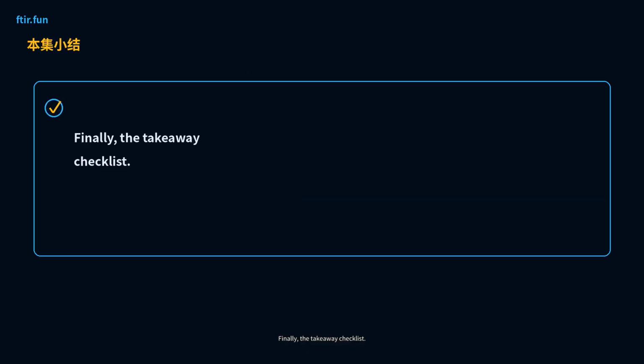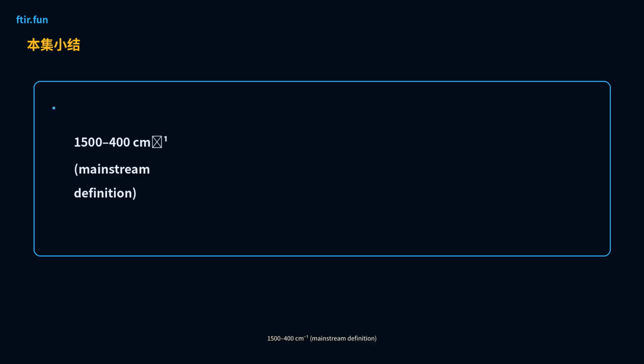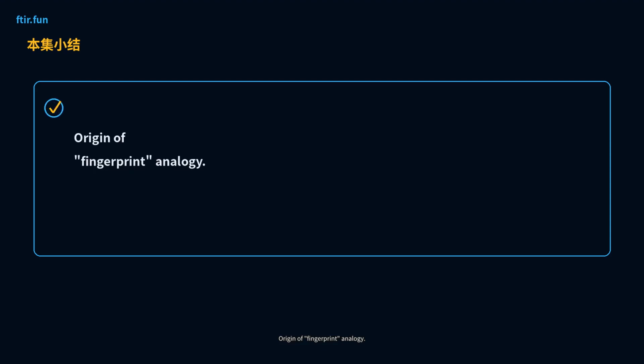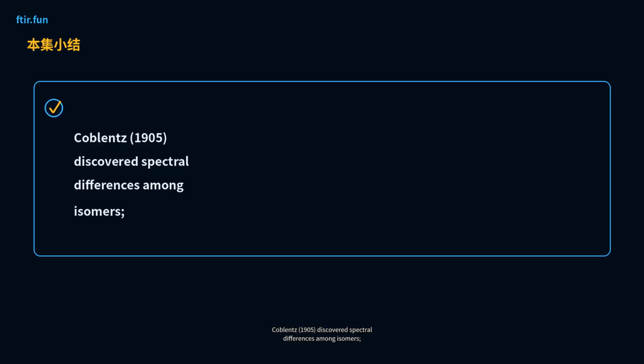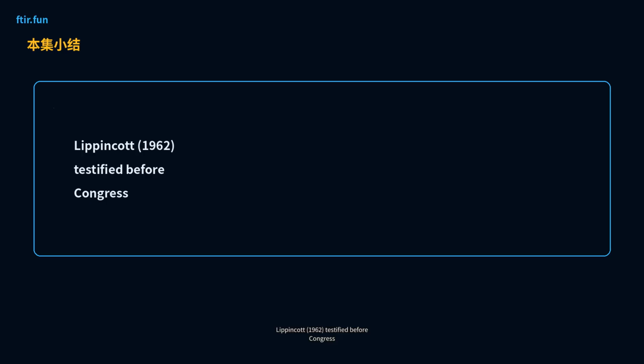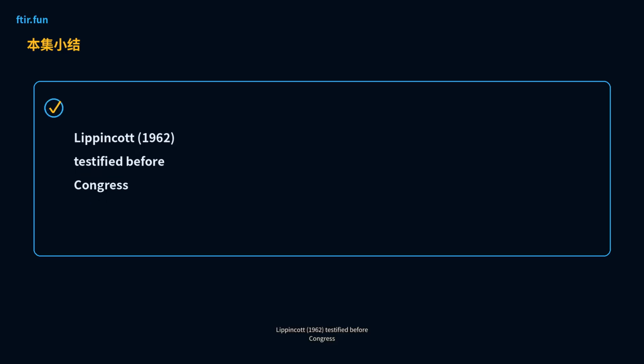Finally, the drill checklist. Make sure you can recall each item. Core knowledge points. Fingerprint region definition: 1,500 to 400 centimeters, the mainstream definition. Origin of the fingerprint analogy: Coblentz, 1905, discovered spectral differences among isomers; Lippincott, 1962, testified before Congress.